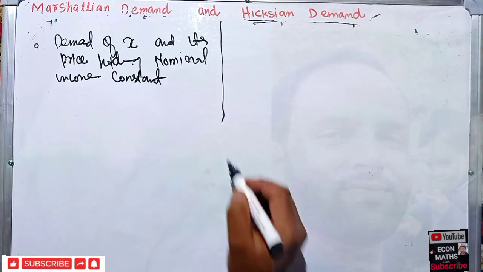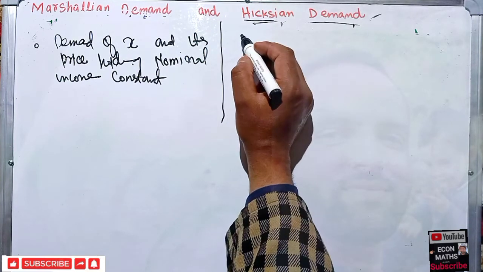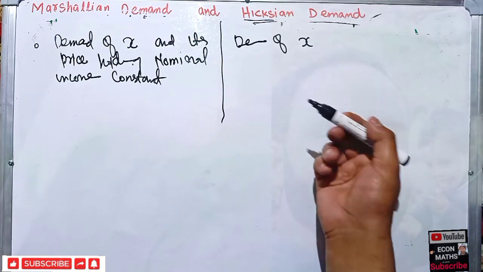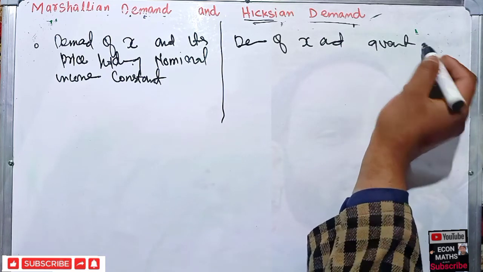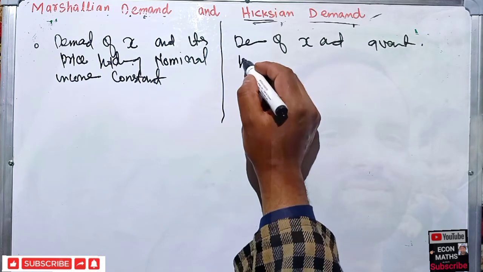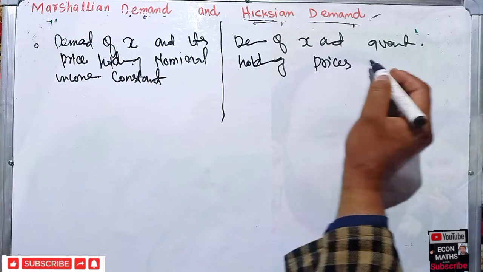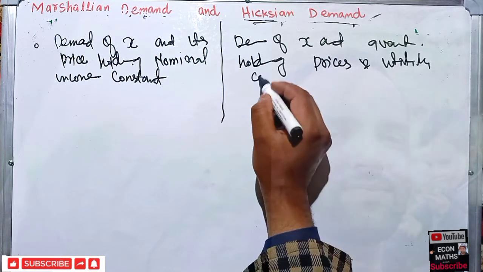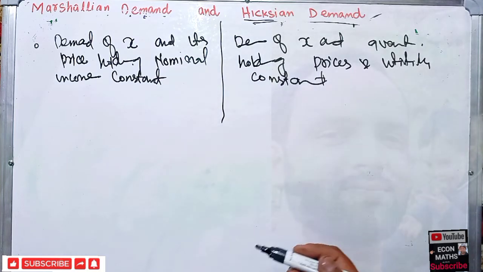In case of Hicksian demand function, we trace the relationship between demand of X, which is a good, and quantity demanded holding prices and utility constant. This is the first difference.